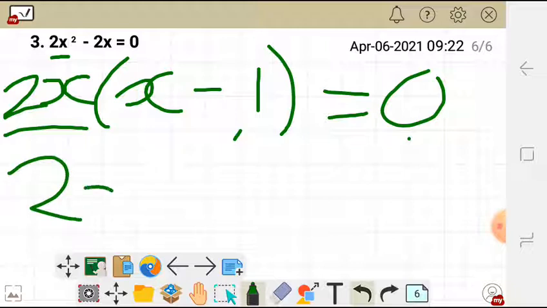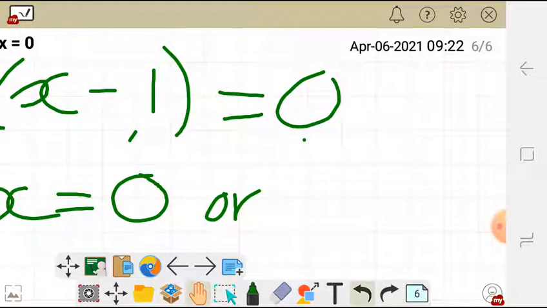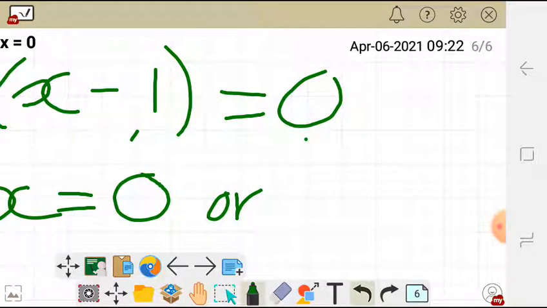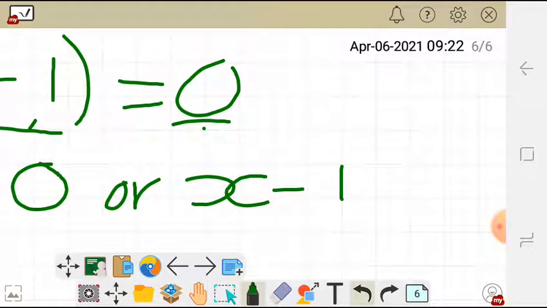So 2x is equal to 0, or that x minus 1 is also equal to 0.